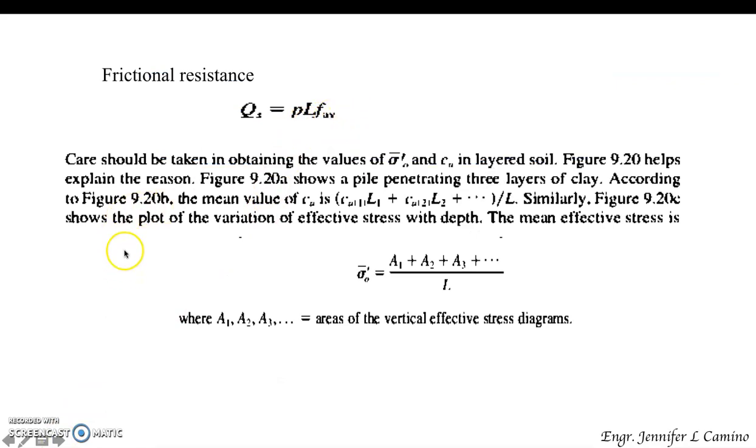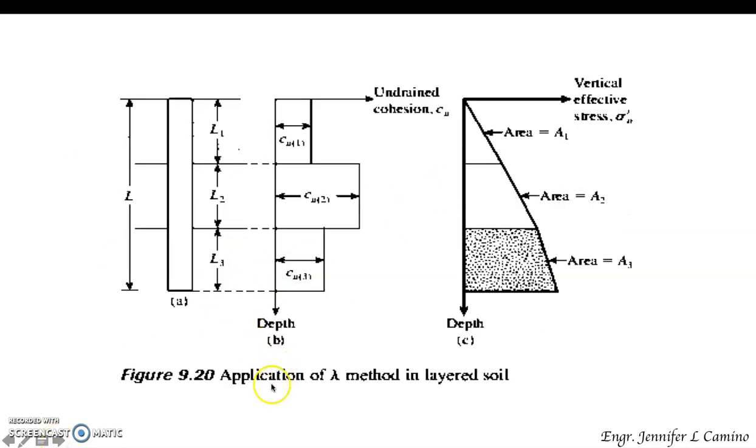We have to take note, if we are given a layered soil, like for example in this one, this figure shows the application of Lambda method in layered soil. So you have our pile. With respect to the depth, we have our undrained cohesion and your vertical effective stresses.